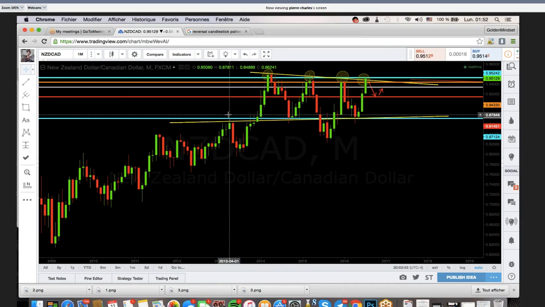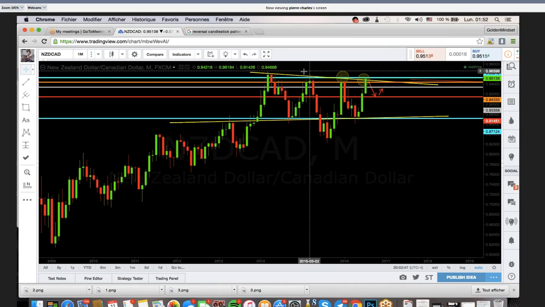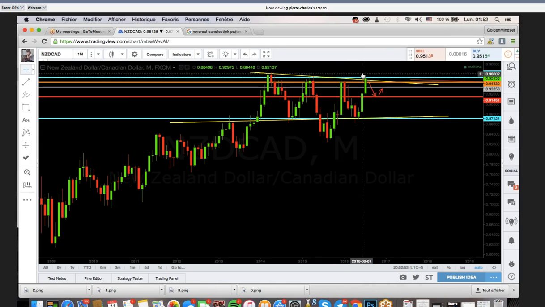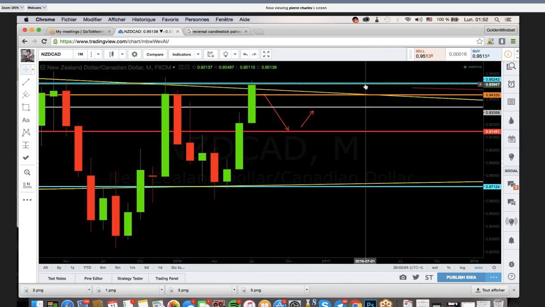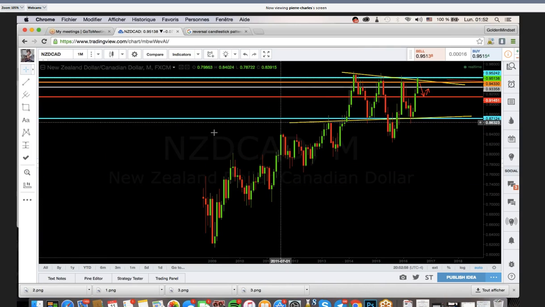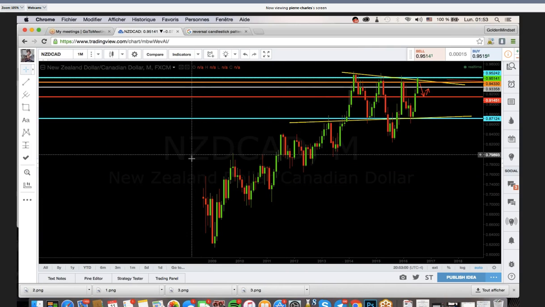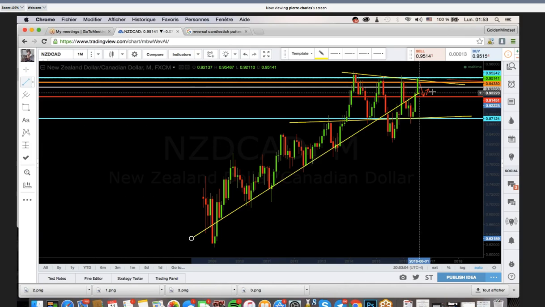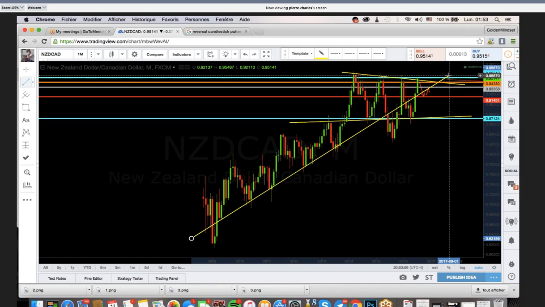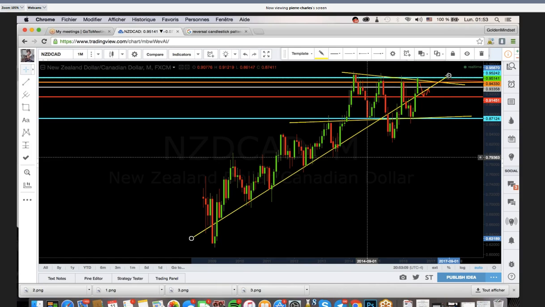All right, let me just remove the circle. Be careful on correlation pairs during times of economic distress because sometimes fundamentals wipe out correlation pairs. I've seen USD pairs go up and gold go up, and normally that's a big no-no. Normally that does not happen.